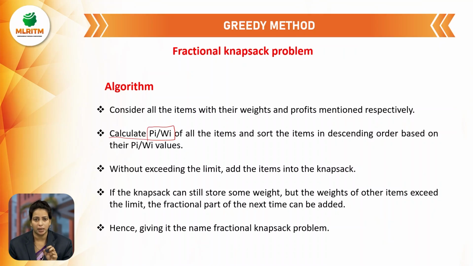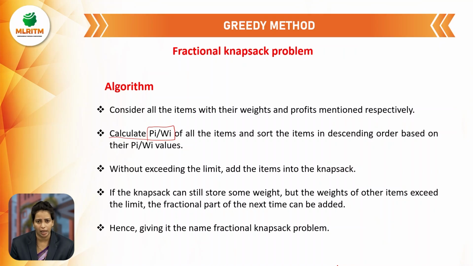P indicates profit, W indicates weight. Pi indicates, let us consider the first object, P1. The second object, P2. The third object, P3, right? Like that. W1 means the weight of the first item, W3 means the weight of the third item. Like that, we consider Pi, Wi.